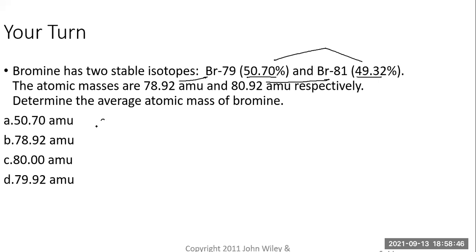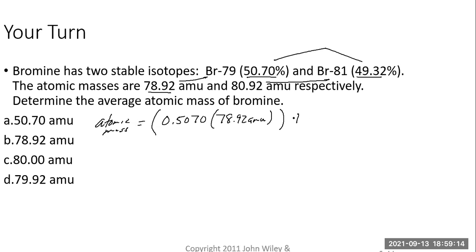So we could use that formula where the atomic mass would be the first isotope, which was bromine 79. I'm going to convert the percentage into a decimal. You could either divide by 100 or just move the decimal point 2 places to the left, and that's what I'm going to do on this one. We will then multiply it by the atomic mass of the first isotope.